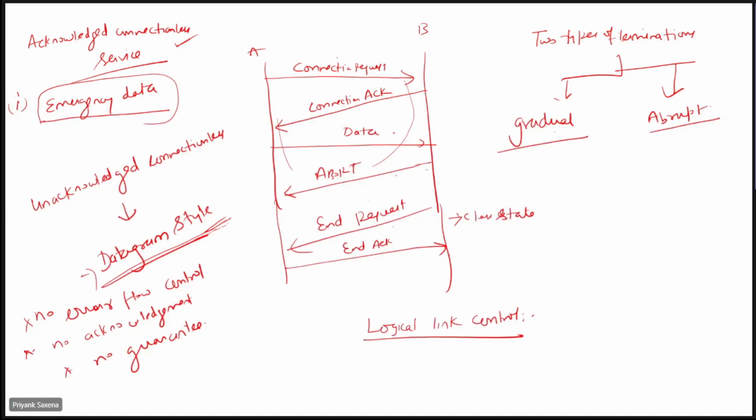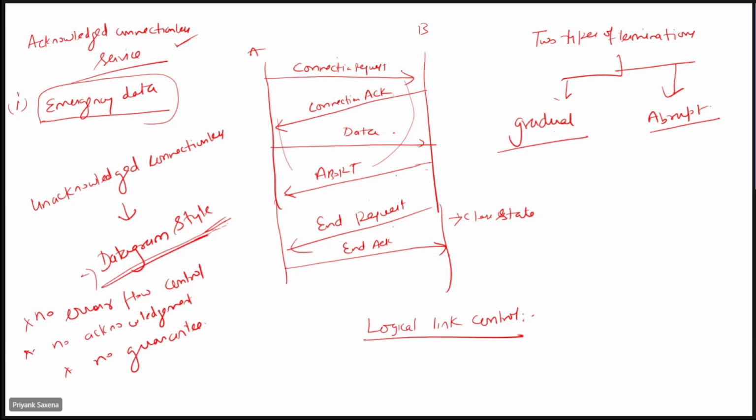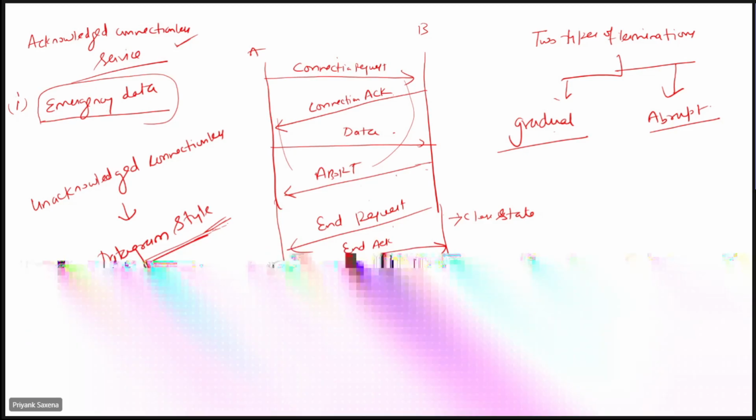So abrupt termination results in loss of data, but there is a process that is gradual termination. Gradual termination कैसे होता है? One user informs the other user that I am going to be closed, right? I want to close this connection, I'm no longer interested.